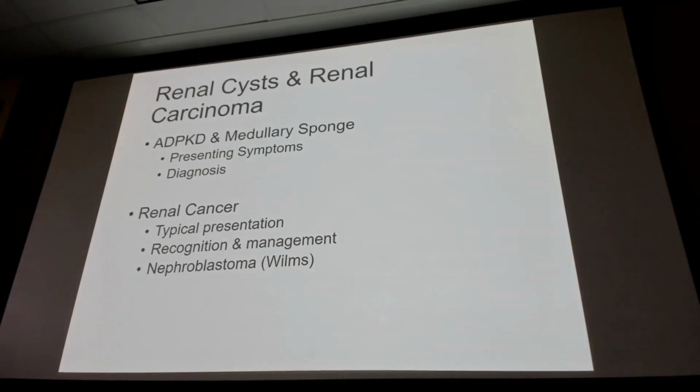All right, Wilms tumor. Let's say Wilms tumor compared to autosomal dominant polycystic kidney disease, what's, from a physical exam finding standpoint, a big differentiating factor between Wilms and autosomal dominant polycystic kidney disease? Unilateral.